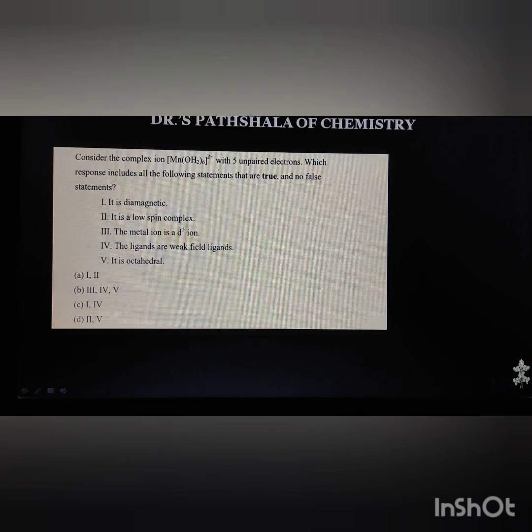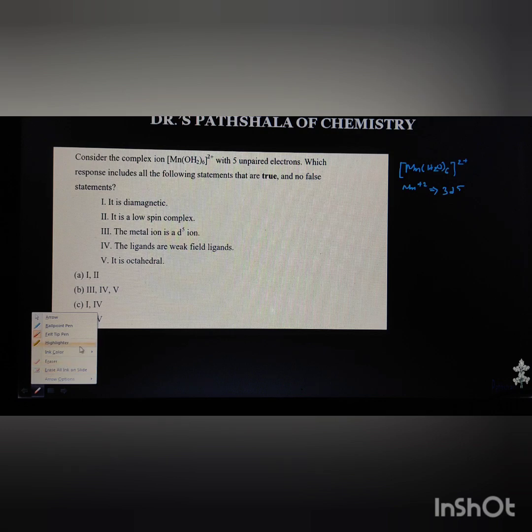Next. Consider the complex Mn(H2O)6 2 plus with 5 unpaired electrons. Which response includes all the true statements and no false statements? Here Mn is in plus 2 oxidation state and this is 3d5 electron configuration.